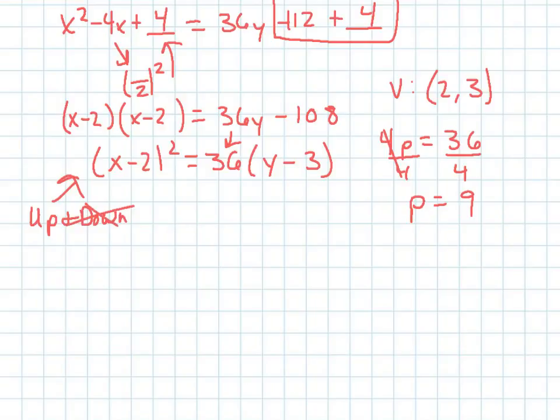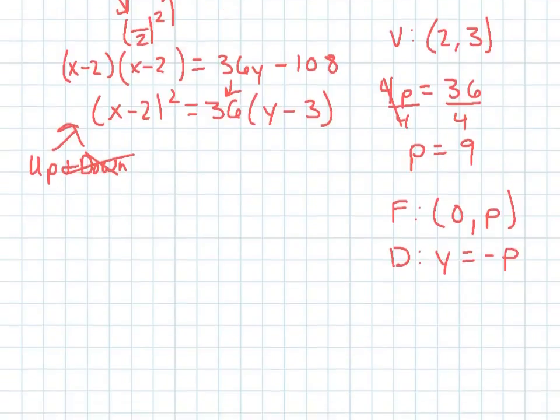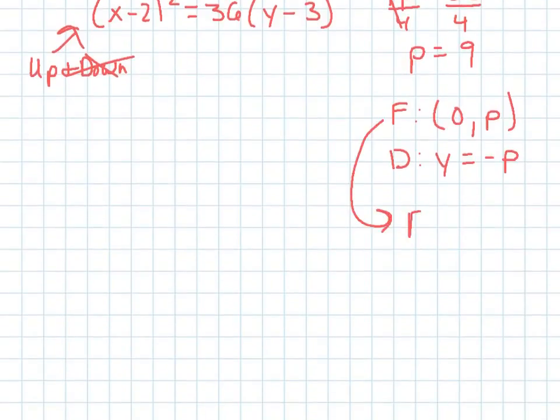Okay, so then I'm going to have a picture where the foci and the directrix are changing y value-wise. So remember that for your foci, it would have been 0, p, and your directrix would have been y equals negative p. But now that you've changed, your foci will now be h, k plus p, and your directrix will now be y equals k minus p.